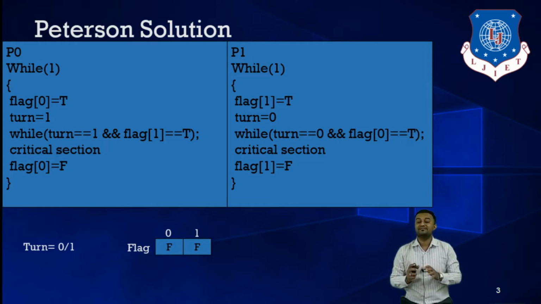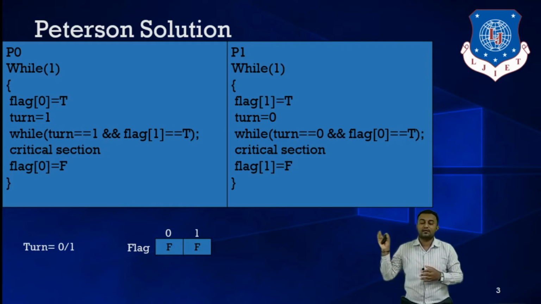When it achieves the three expected criteria, then we can say that yes, it is a valid solution. So let us consider these P0 and P1 processes and discuss with this code whether it satisfies the expected criteria of process synchronization or not.